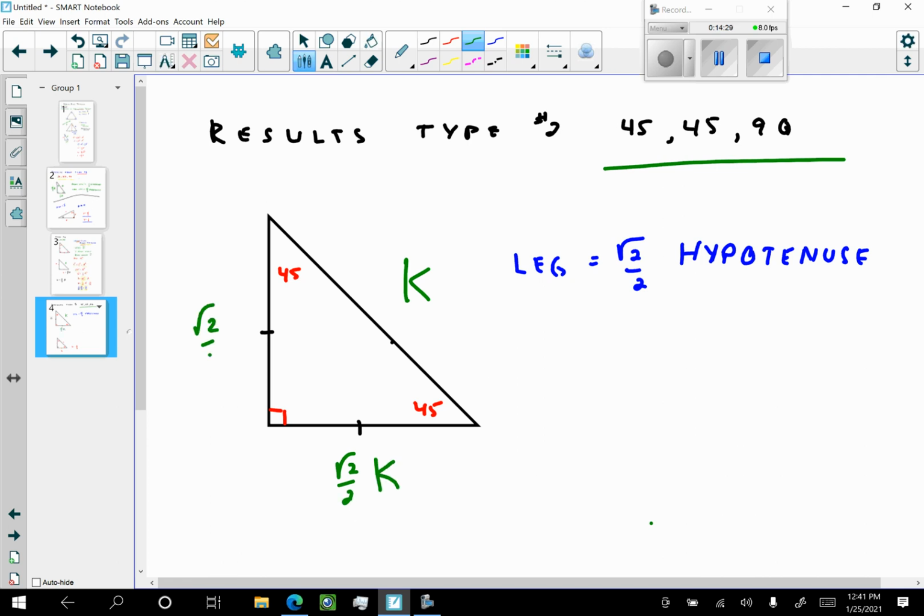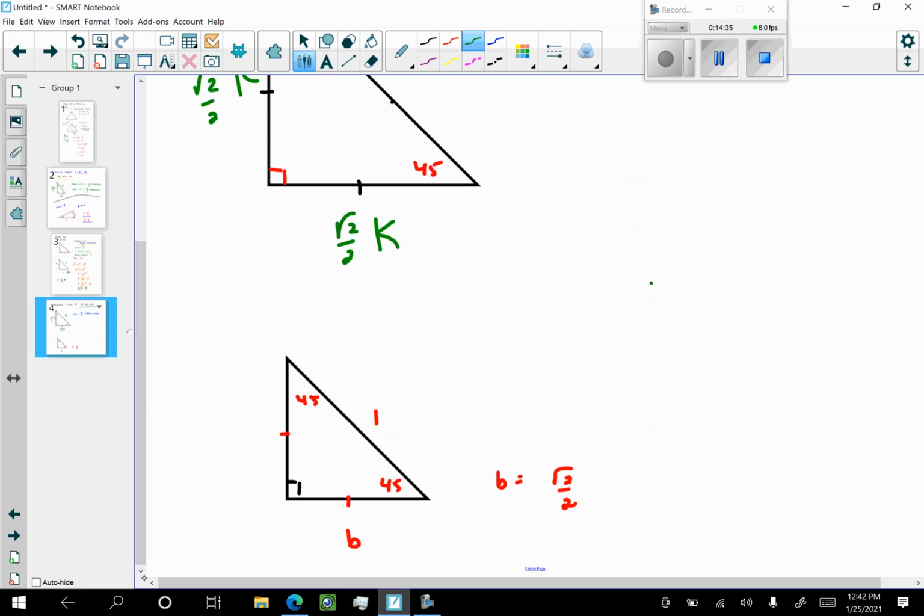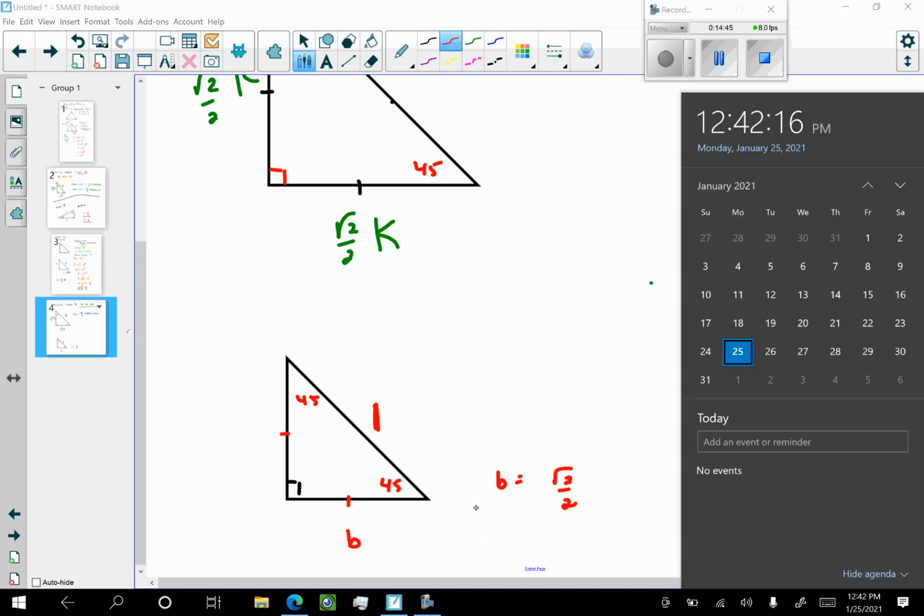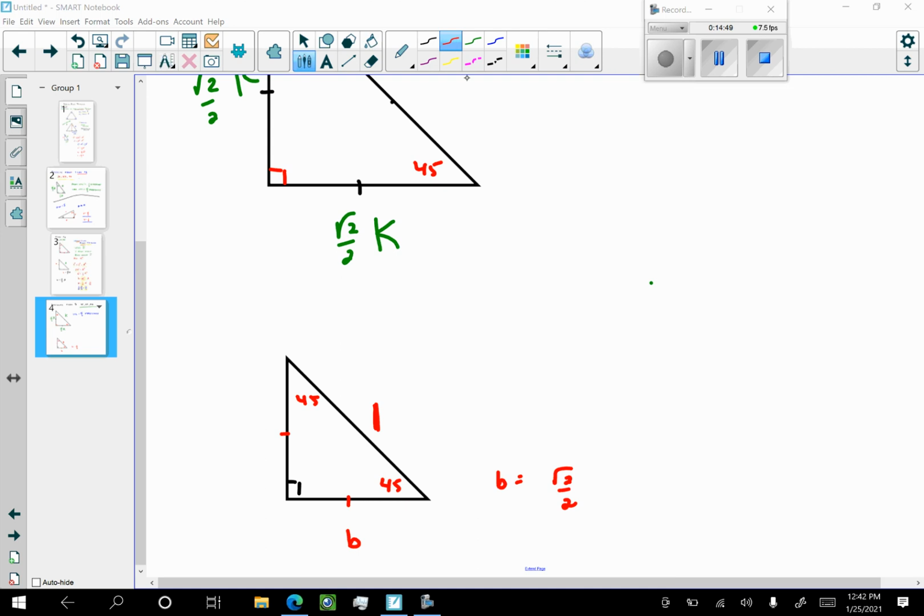Well, here's one nice example. What if I have an isosceles right triangle where the hypotenuse is 1? What's the length of the side? Square root of 2 over 2 times 1, which is just square root of 2 over 2.